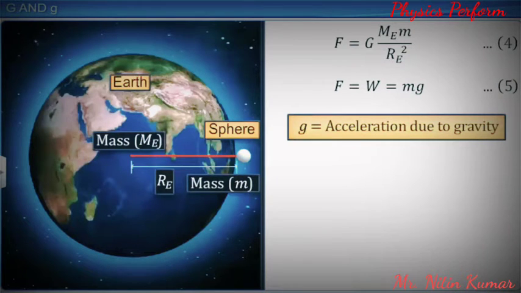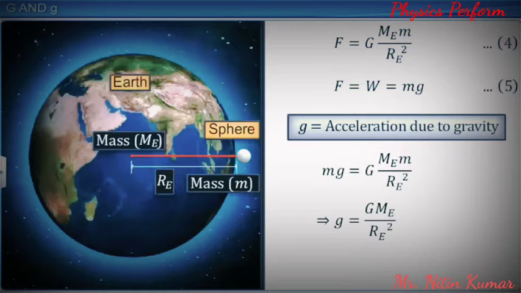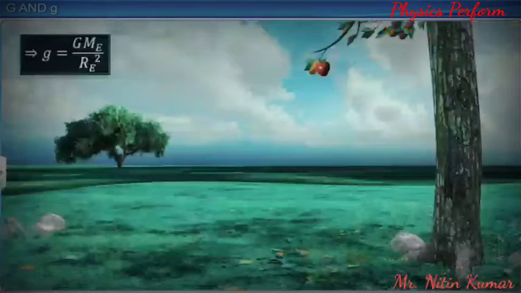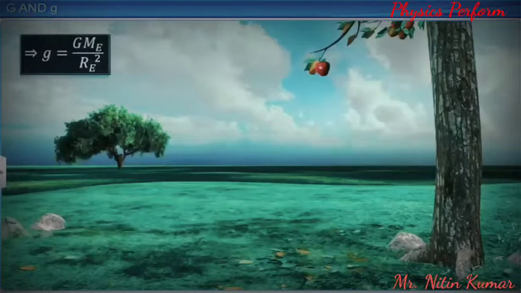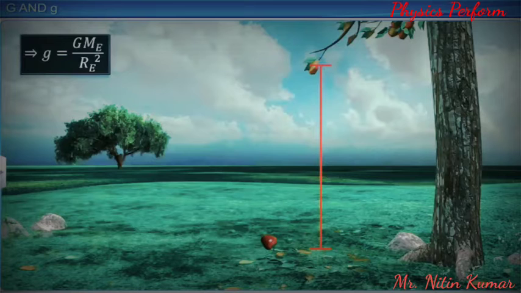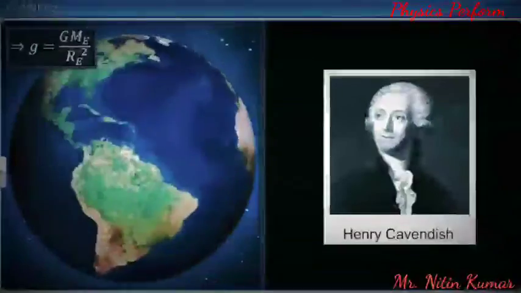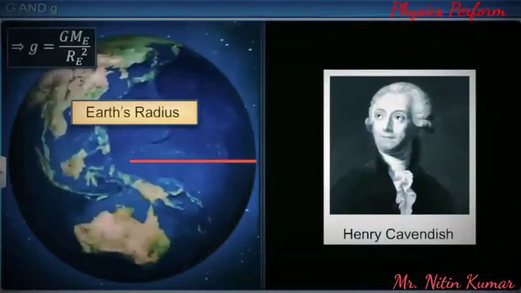Equating equations 4 and 5, we get the expression for acceleration due to gravity in terms of G, radius of the Earth, and its mass. To determine the value of g, we can perform simple activities like dropping a body from a known height and measuring the time taken to descend. Knowing the values of the radius of the Earth and the value of g enables one to measure the mass of the Earth.